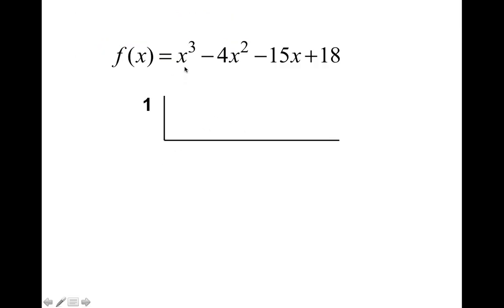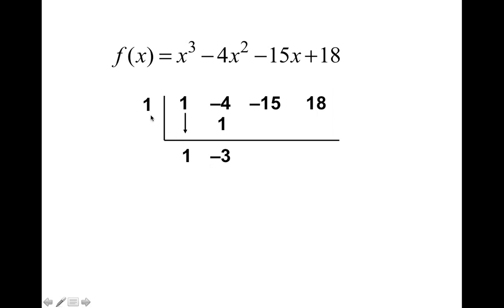And then our coefficients are 1, negative 4, negative 15, and positive 18. You drop down the first term 1. Then the pattern is to multiply and add. So 1 times 1 is 1. Then we add negative 4 plus 1 and get negative 3.